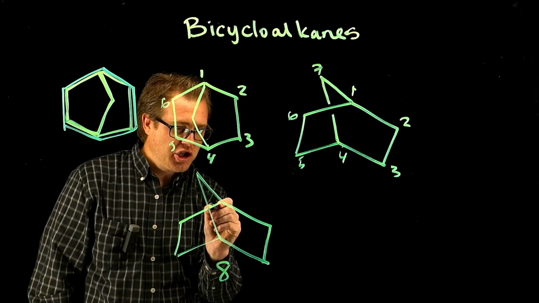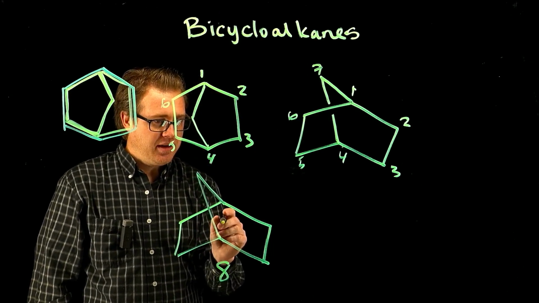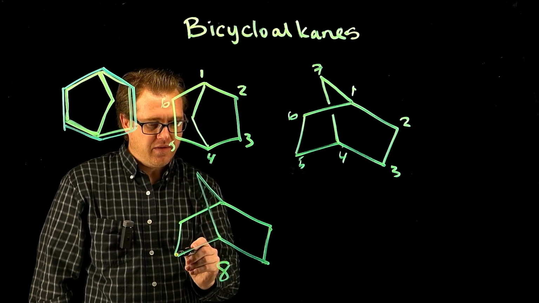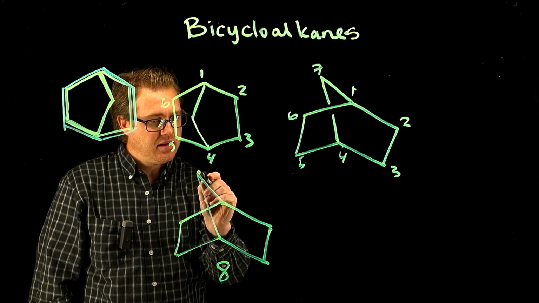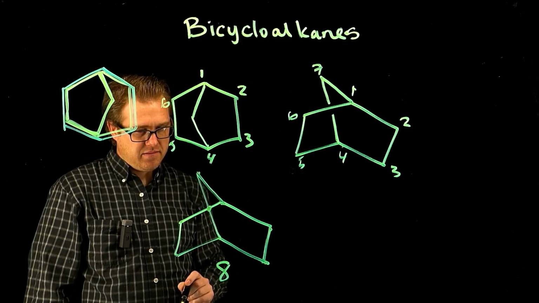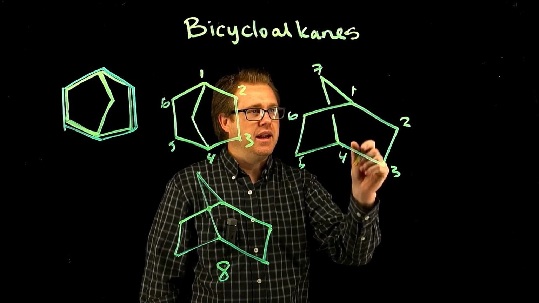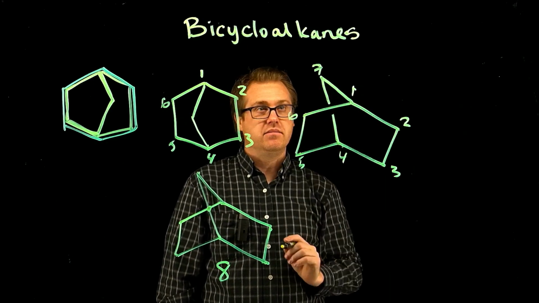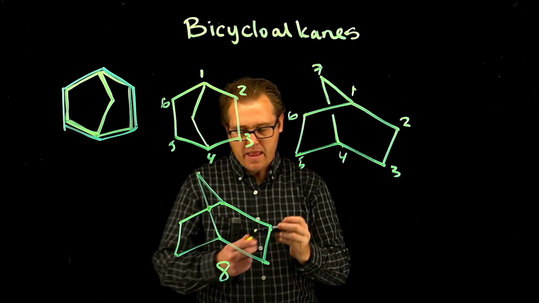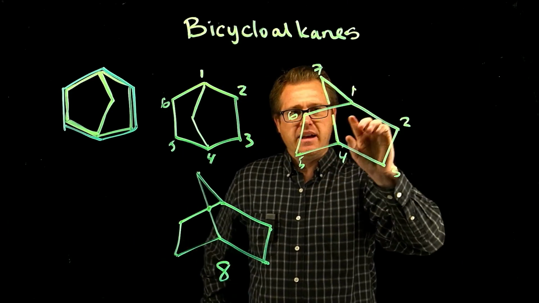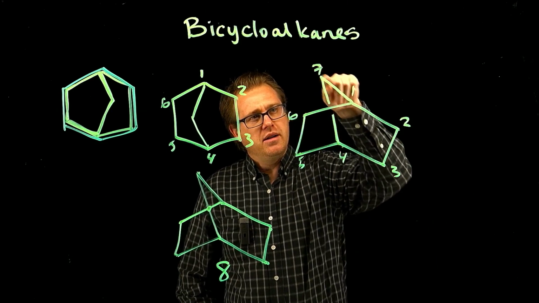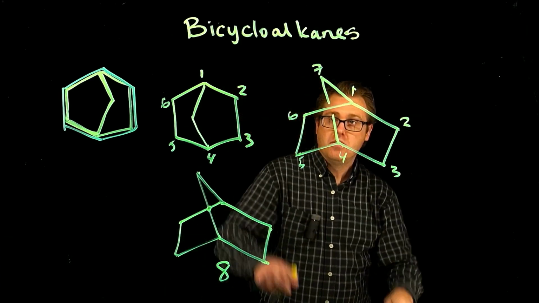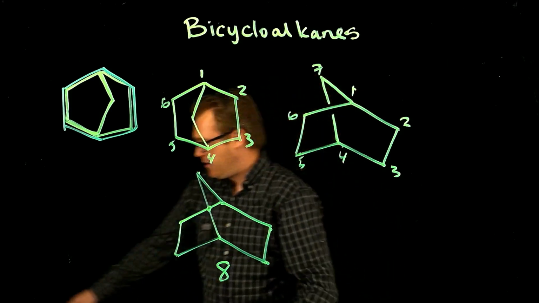Why? Because every junction is a carbon. So 1, 2, 3, 4, 5, 6, 7, 8. But here you can see 1, 2, 3, 4, 5, 6, 7. That's all there is. So when you draw the rings like this, when you draw this little triangle right there, you have to put a little gap in between it.